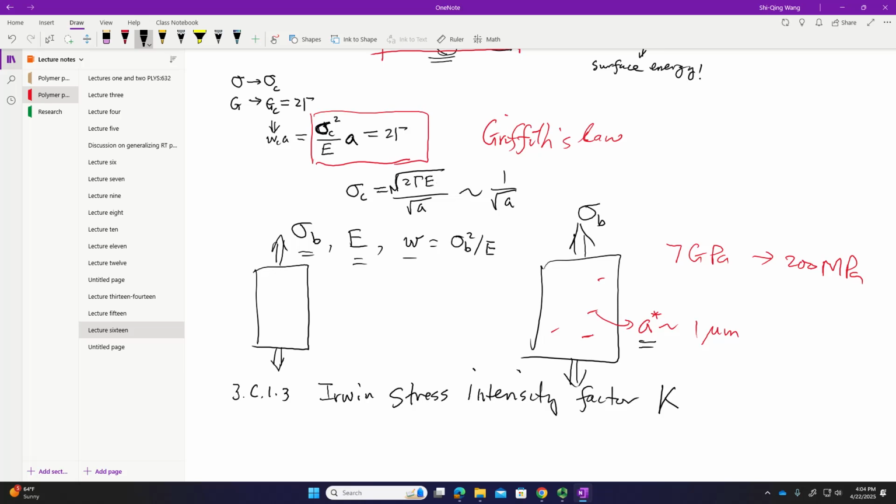You look no further than here. Sigma C is proportional to one over the square root of A, which is the same as saying there's a proportionality constant called Kc, which by identification is nothing but the square root of 2 gamma E.